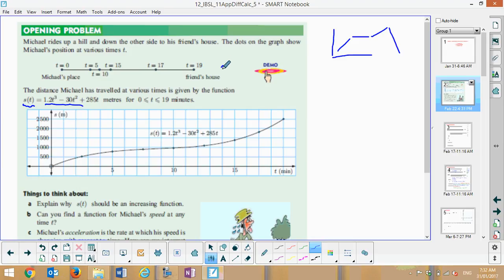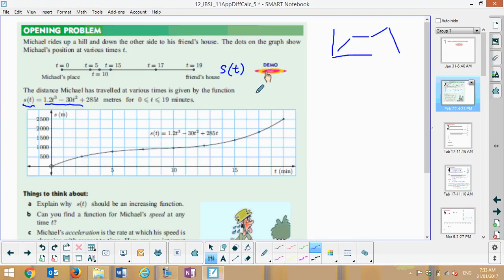So s does not mean speed, it means distance, or in this case, displacement. So s as a function of time, where he is. Graphing that out, we can model it with this cubic equation. And we're looking at a restricted domain of t between 0 and 19 minutes.